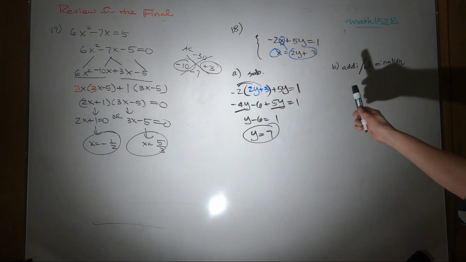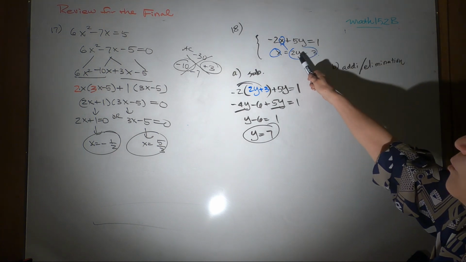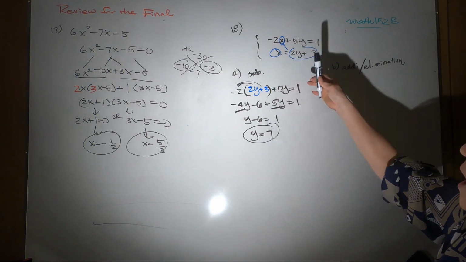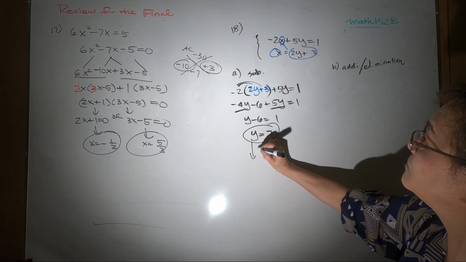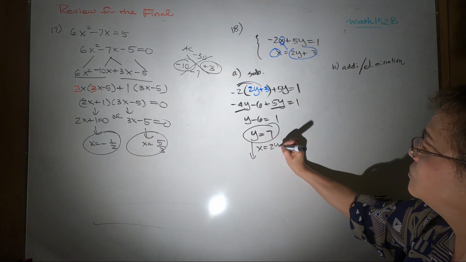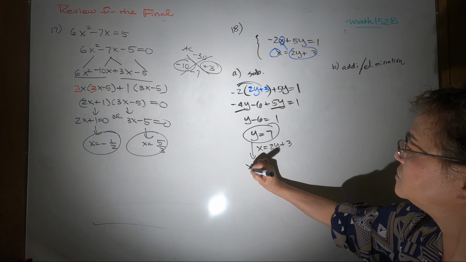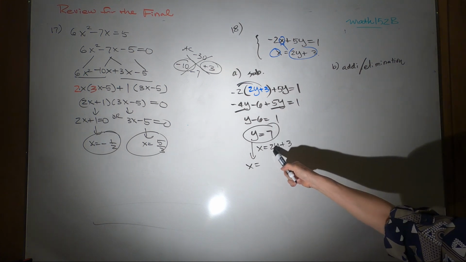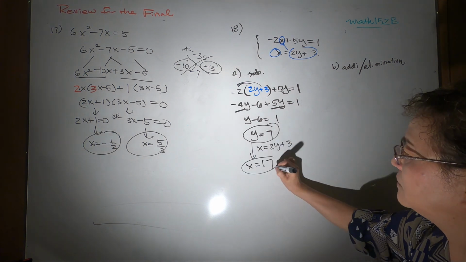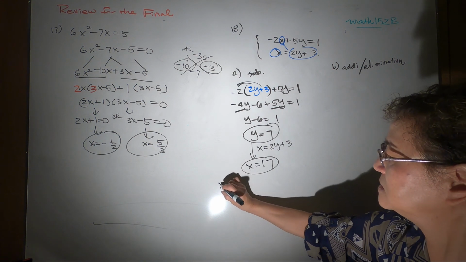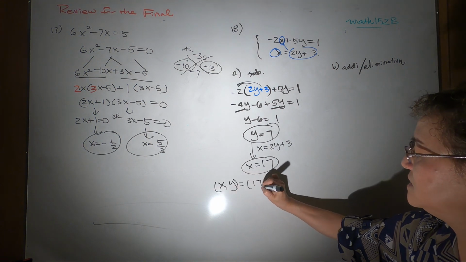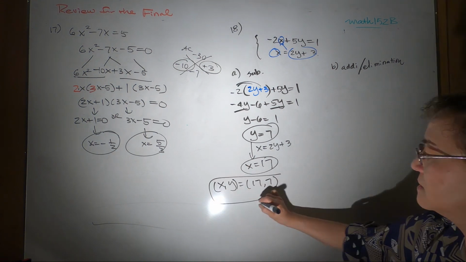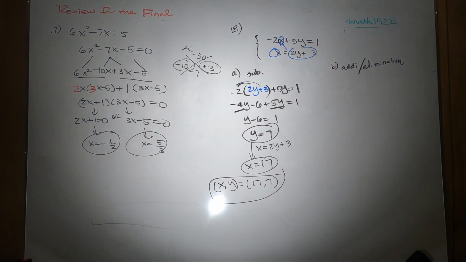But we need to find both x and y. So y is 7, you plug into 2y plus 3, so your x will be 7 times 2, 14, plus 3, 17, right? So your answer is 17 and 7, right? That's the substitution method.